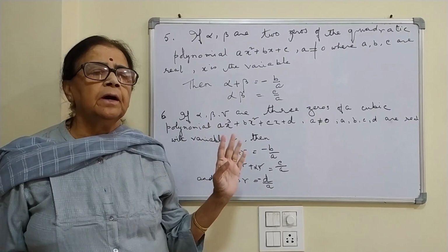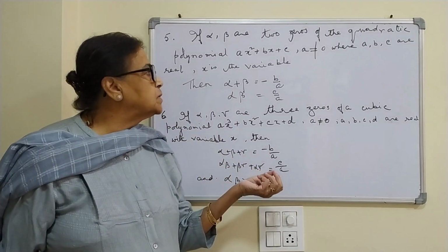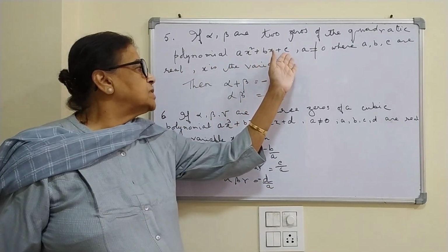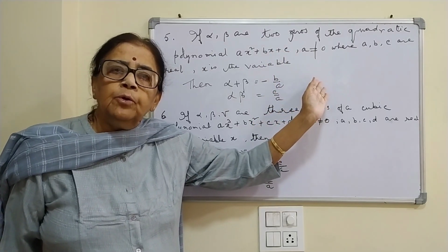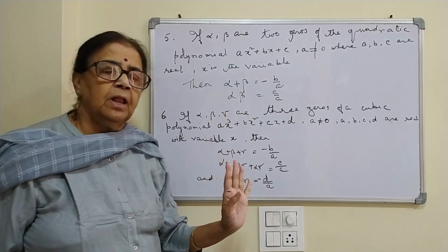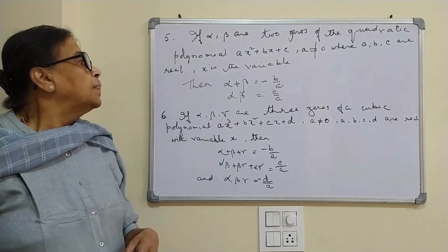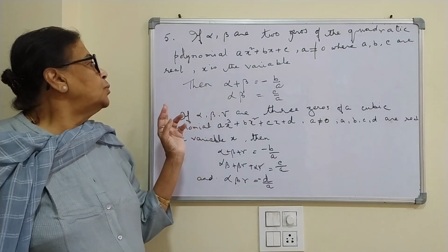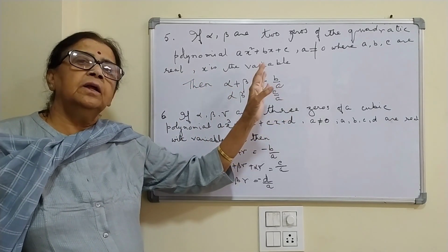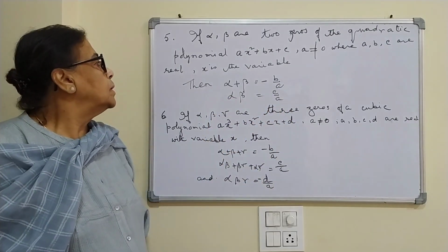If alpha and beta are the two zeros of the quadratic polynomial ax square plus bx plus c, a not equal to 0, and a, b, c are real and x is the variable, variable means it can take different values, then alpha plus beta is minus b by a, as we have studied earlier, and alpha beta is equal to c by a.